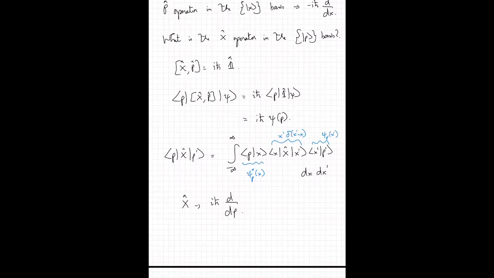But the relationship between the components in the X basis and P basis is also a unitary transformation, and this is called a Fourier transform. And this is something that will be very useful as we progress in this course. So please make sure you grasp this completely.